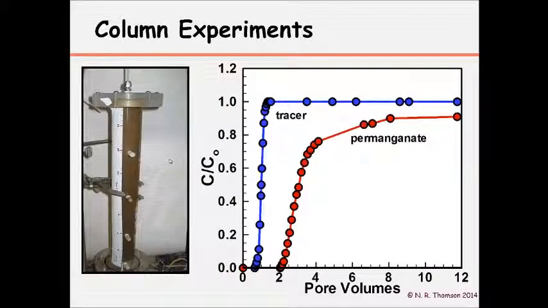If we stare at some flow-through column experiments, you can see the behavior in the breakthrough between a tracer curve and permanganate curve. You see a fast reaction will delay the behavior, and a slow one will cause a long asymptotic tail.